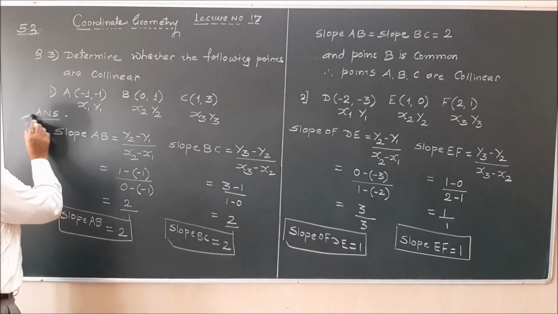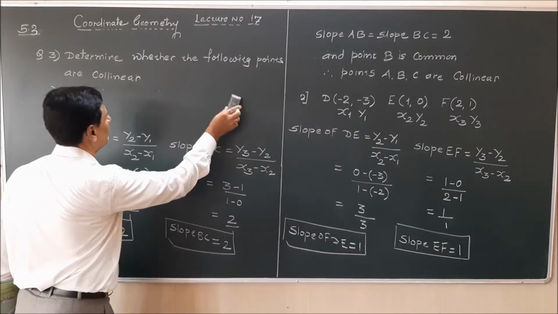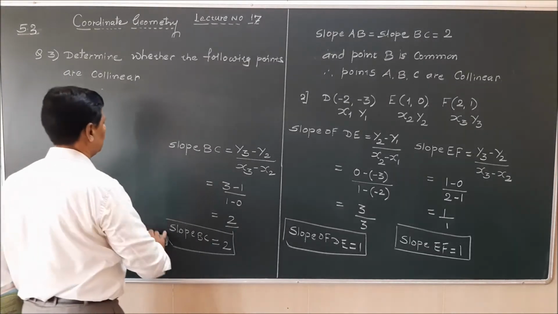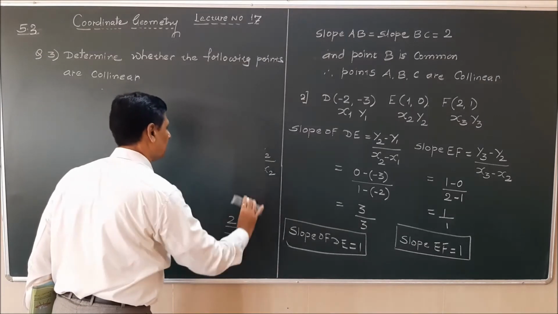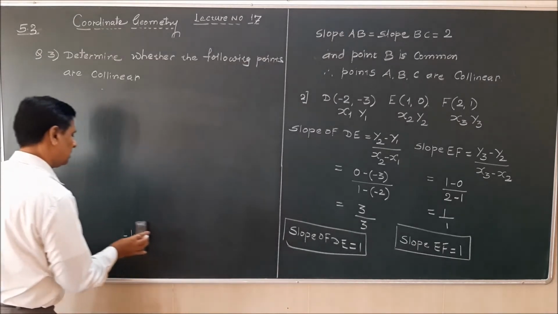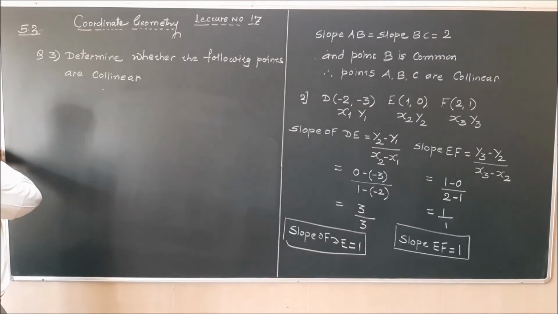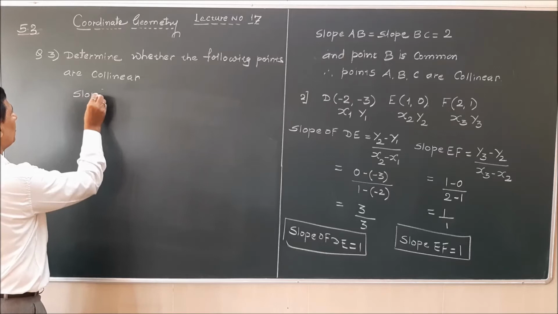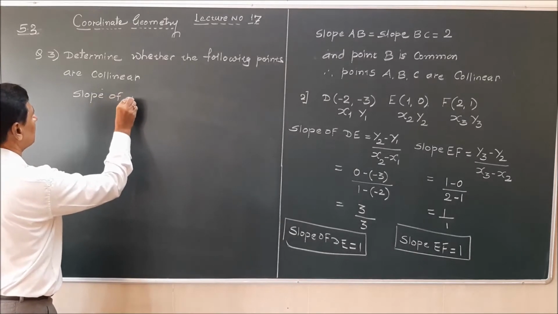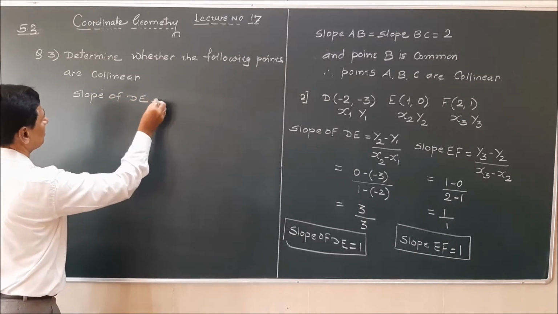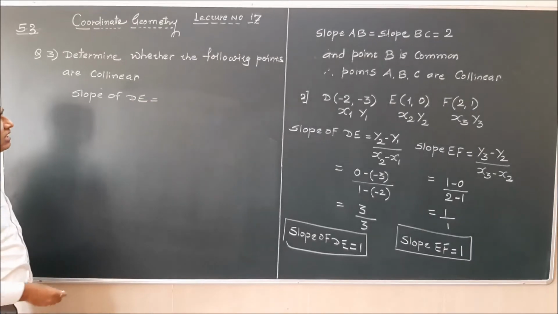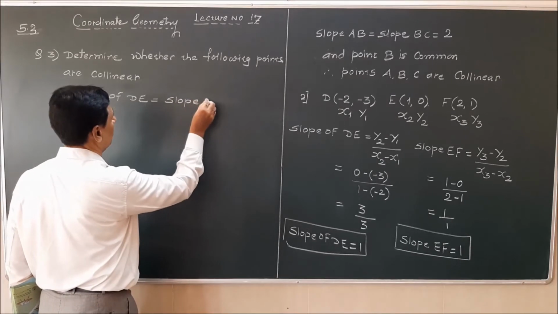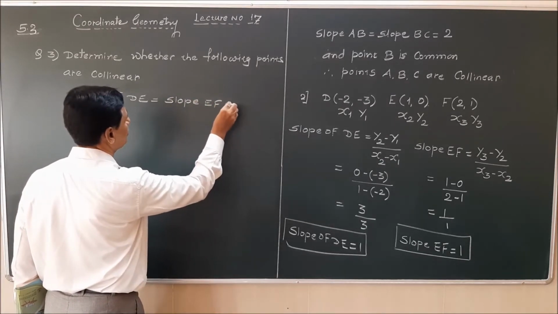But you should write in detail. Please do write in the same manner as we have written for question number 1, that slope of DE is equal to slope of EF, and that is equal to 1.